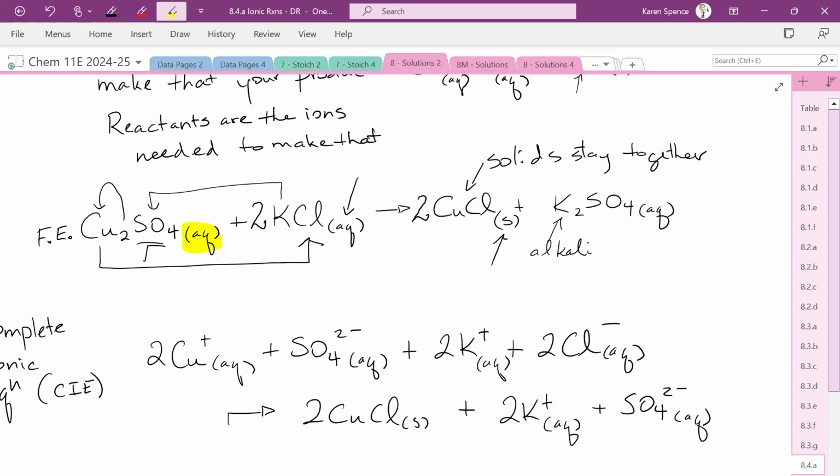Who are the spectators? K. K does not change from side to side. SO4 also does not change from side to side.